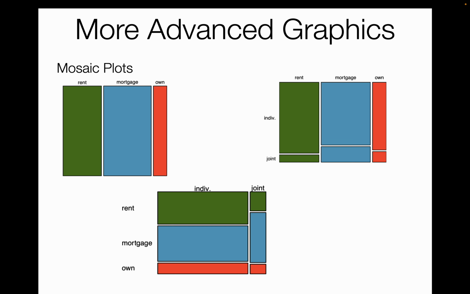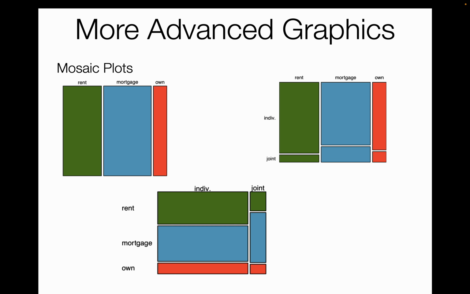And the width of the bars represents what proportion of the whole. So if you look at the top left, you'd say most of the people in the data set have a mortgage. Second most is rent, and then only a few own their home. That's how you would generally read that plot.